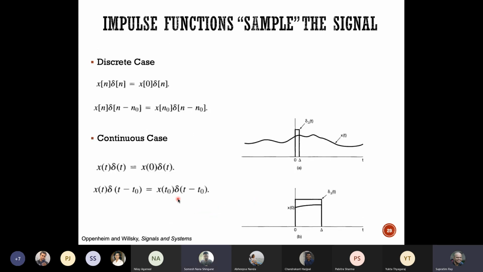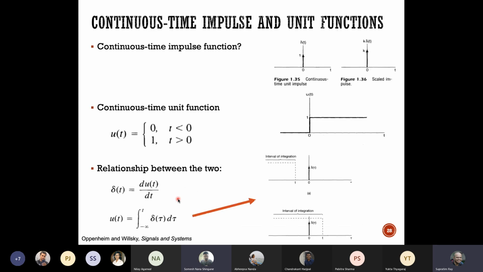Sir, correct me if I'm wrong, but what I understood till now is that we cannot get a signal unless the time interval which we are taking is greater than 0. So the integral will be... So if the interval of integration doesn't include the delta function, then it's all 0.